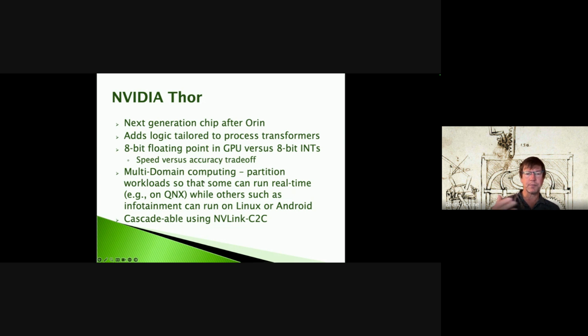So we have these multiple ARM cores, multiple DLAs, multiple GPUs. So we can partition workloads so that some can run real time on this QNX type OS, while others, such as maybe the infotainment, don't need as much rigor, and they can run on Linux or Android.